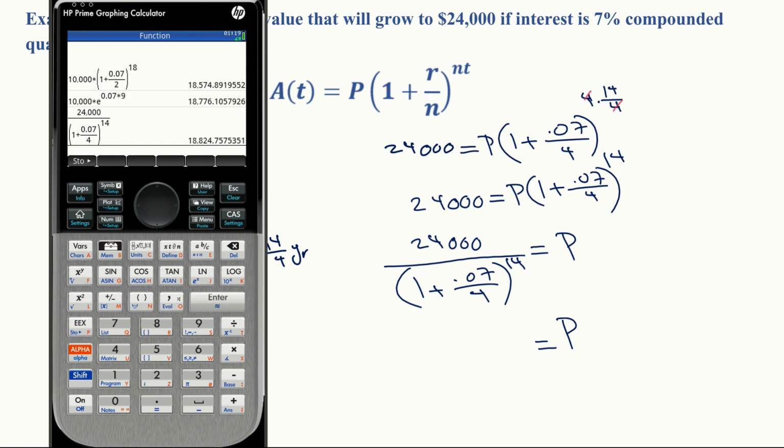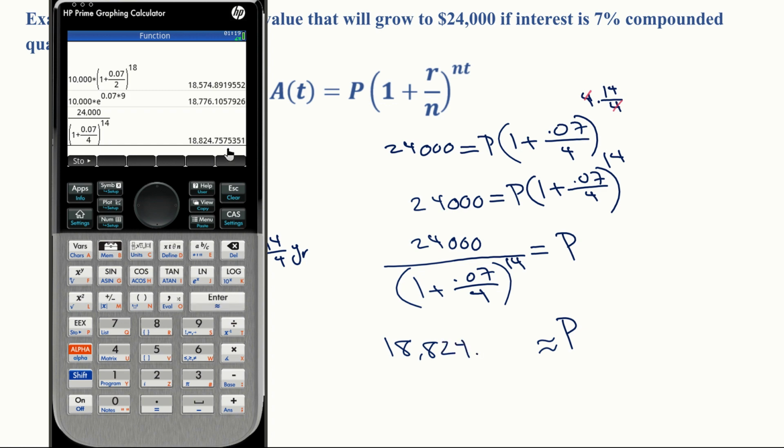All right, so there we go. That's going to be obviously an approximation, so we'll change that to the correct sign, and we'll say 18,824.76.